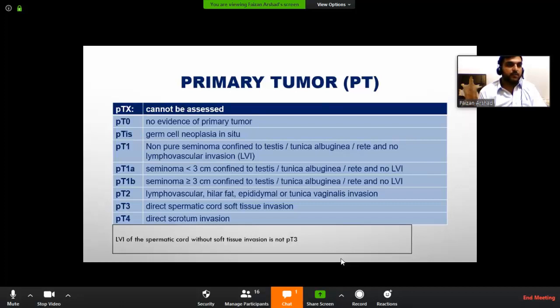T1a is less than 3 centimeter. T1b is greater than 3 centimeter, confined to testes, albuginea, and rete testis. When lymphovascular invasion occurs, we label it T2. T3 is direct spermatic cord or soft tissue invasion, and T4 is direct scrotal invasion.